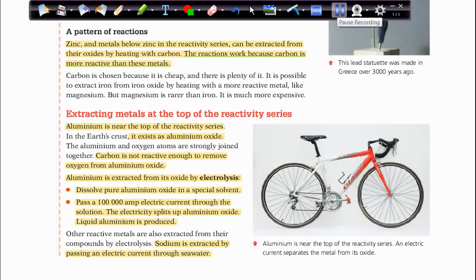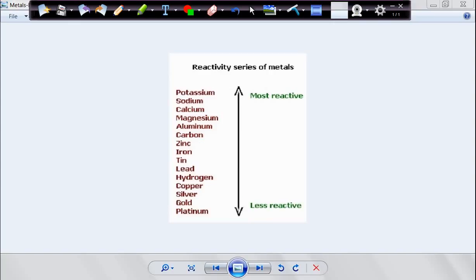Now let's see the pattern of the reactions. Zinc and metals below zinc in the reactivity series can be extracted from their oxides by heating with carbon. The reaction works because carbon is more reactive than these metals.